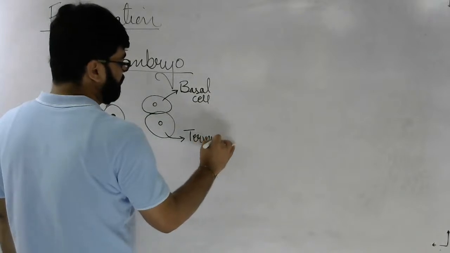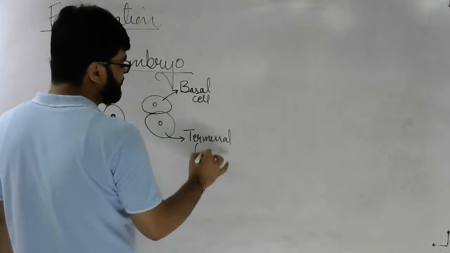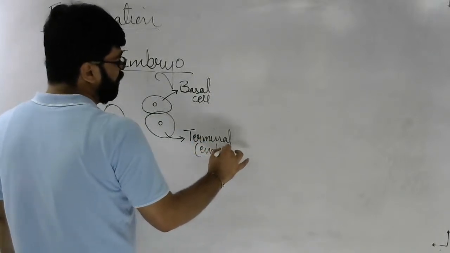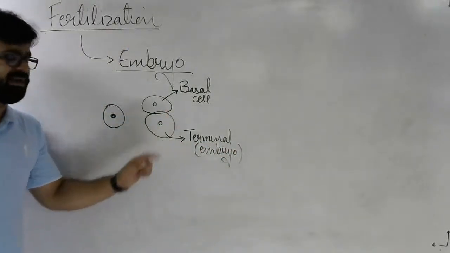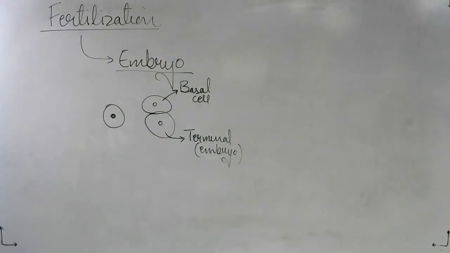Terminal cell, also known as embryo cell. Okay, basal cell and embryo cell. Okay, also known as terminal cell.